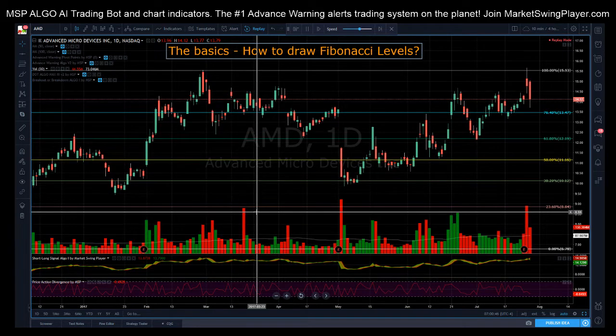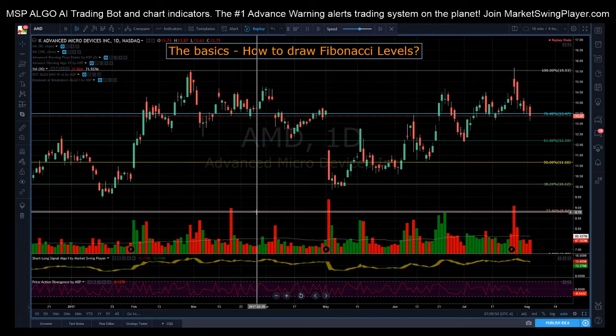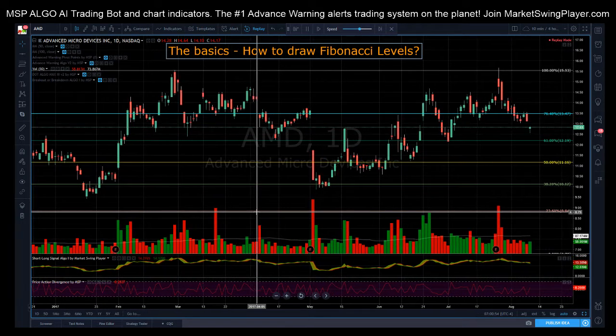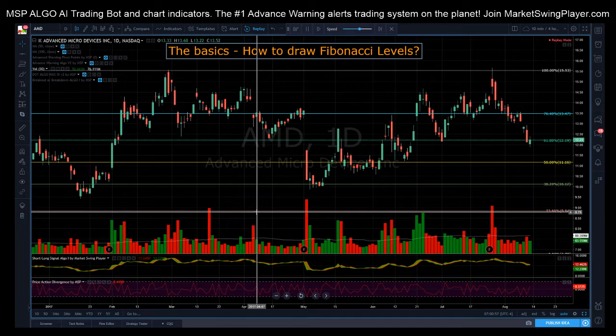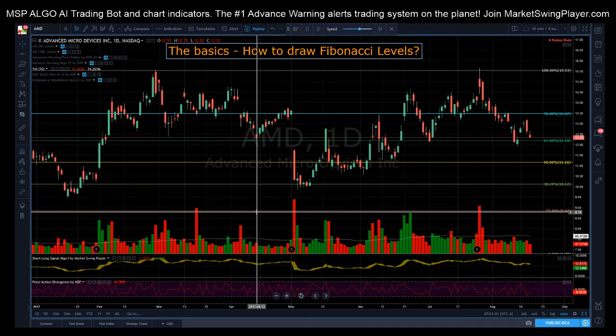So this is just a gauge to see where support and resistance levels may be, or where the traders are actually trading. Okay, so that looks really good.